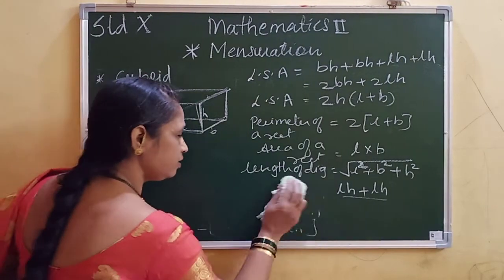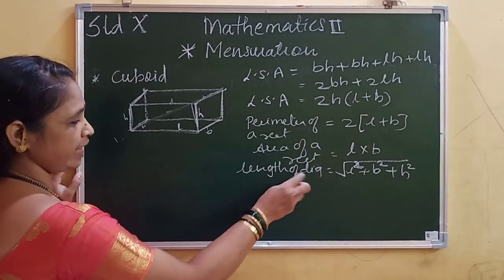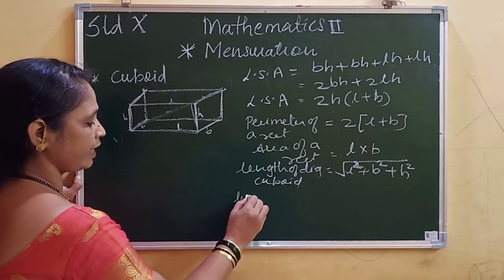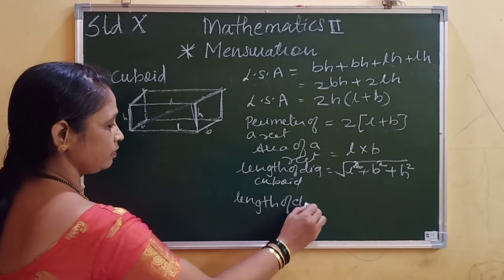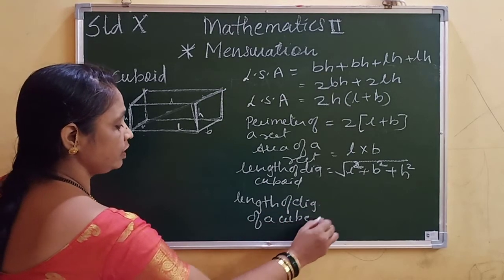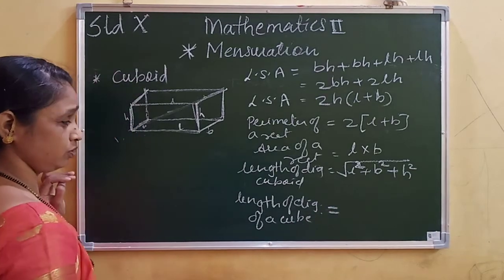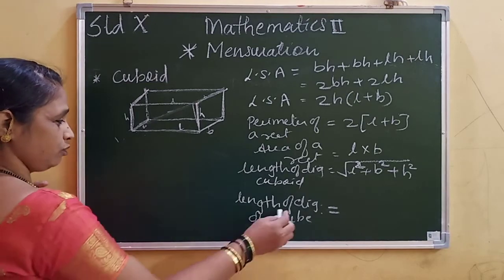Now length of the diagonal of a cube, and this is the length of the diagonal of a cuboid. Length of diagonal of a cube will be equal to what? Now you know in a cube all sides are equal. So what will we write?